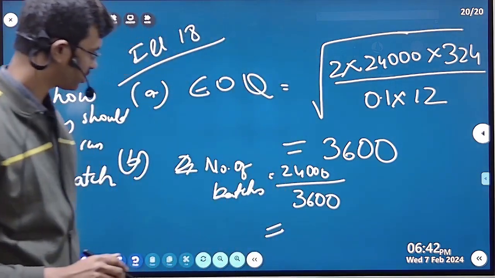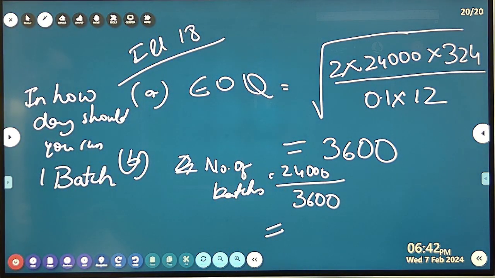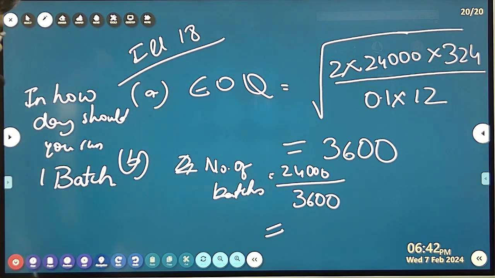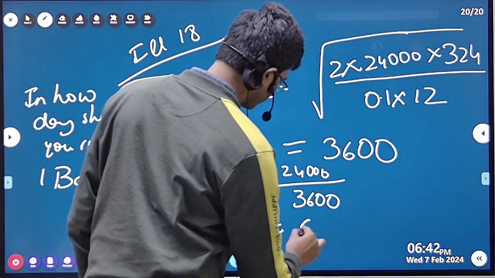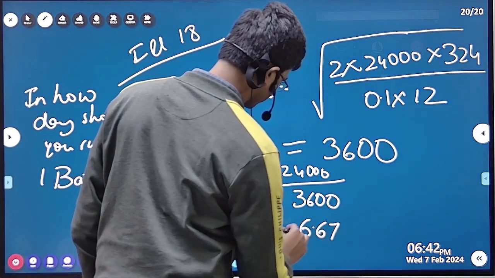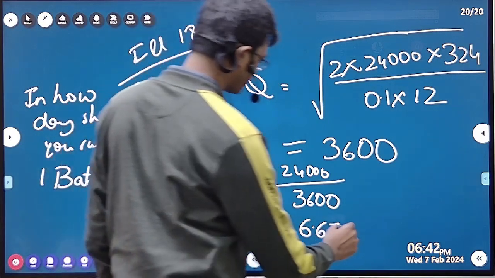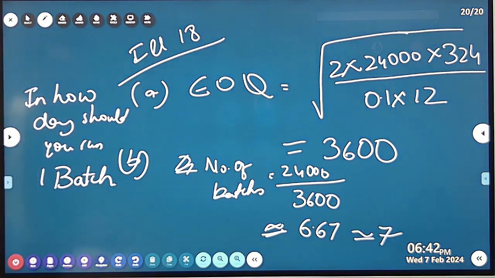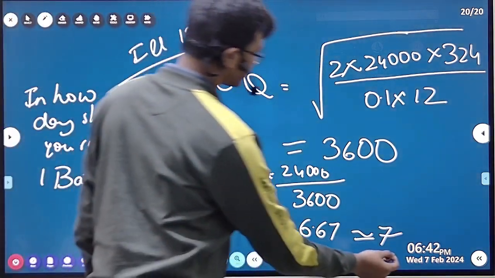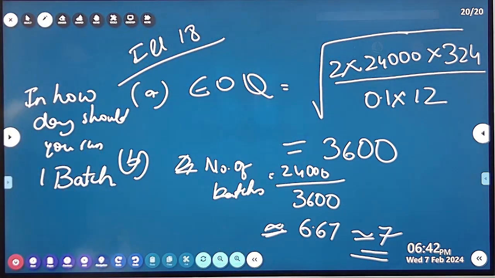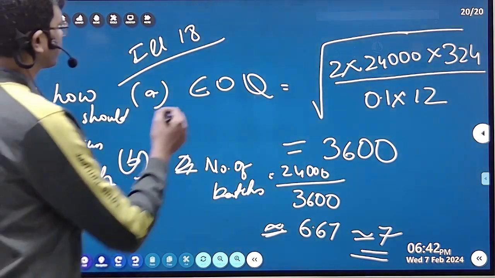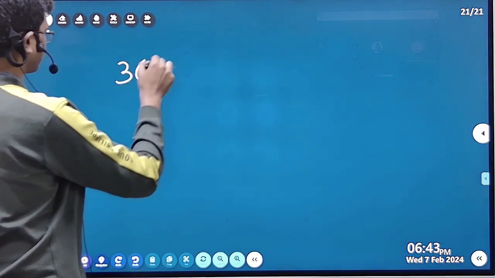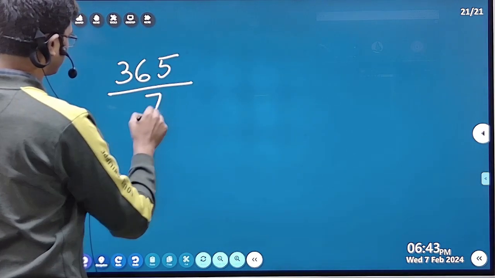So how much is that? 6.67 batches. So approximately 7 batches you have to run in a year, right? So if you have to run 7 batches in a year, in how many days should you run each batch? You have 365 days in a year and you have to run 7 batches.